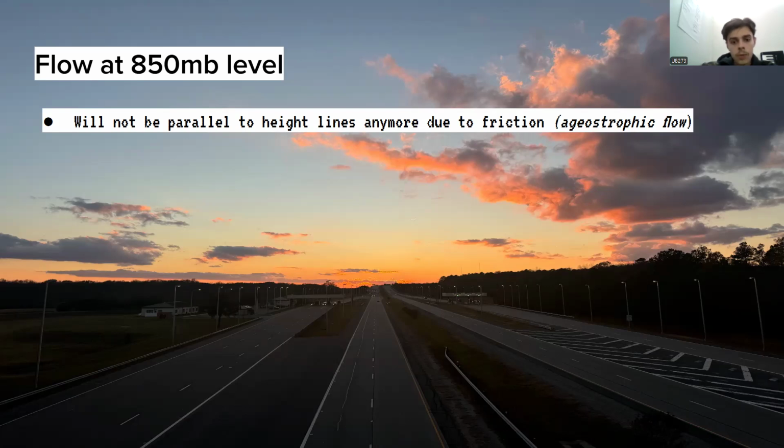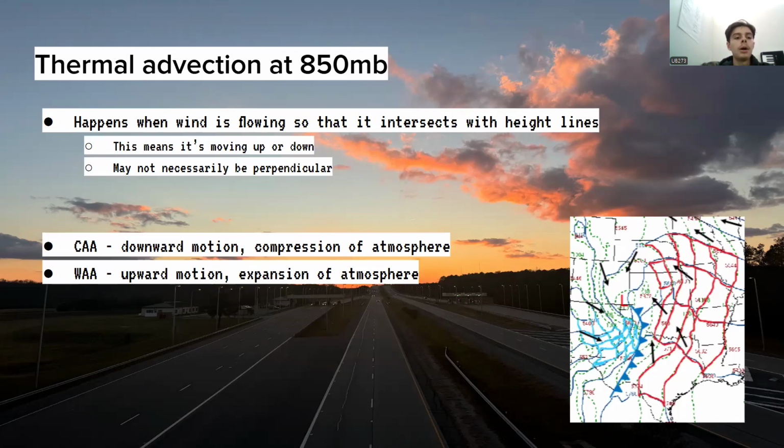And if you want to remember why, please watch that other video. It's about the forces changing and they're no longer balanced. But regardless, the parcel is not going to flow directly parallel to the height lines anymore.